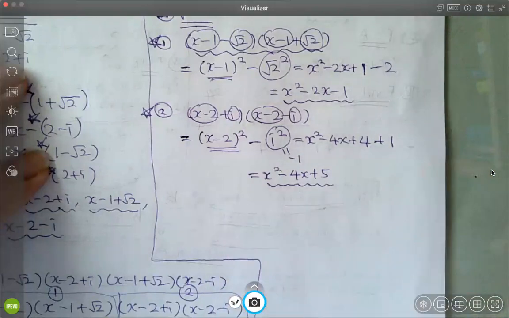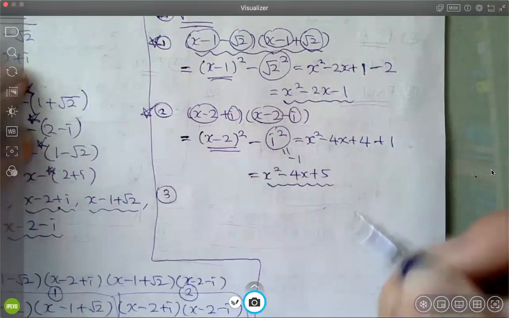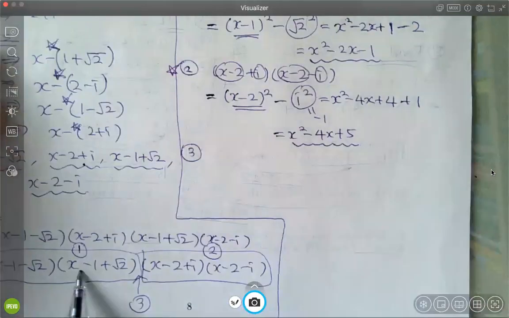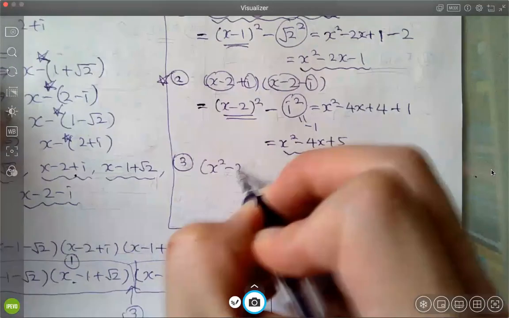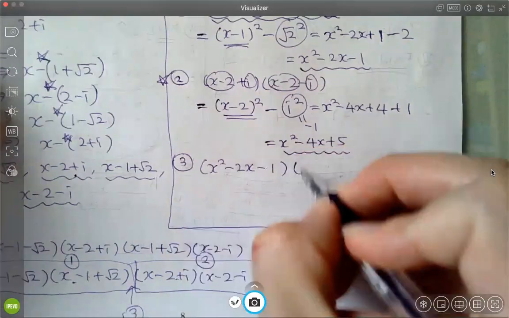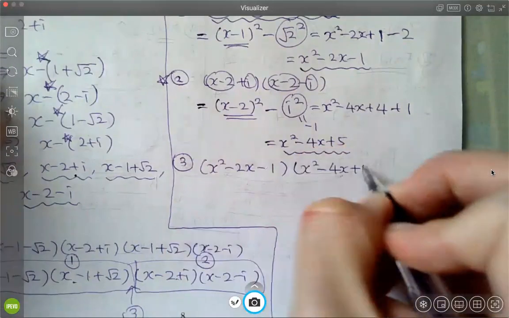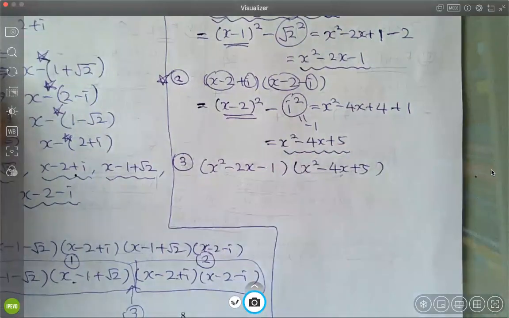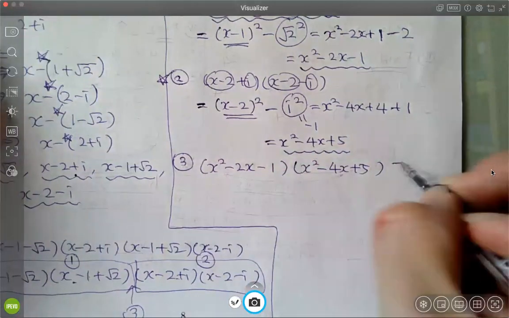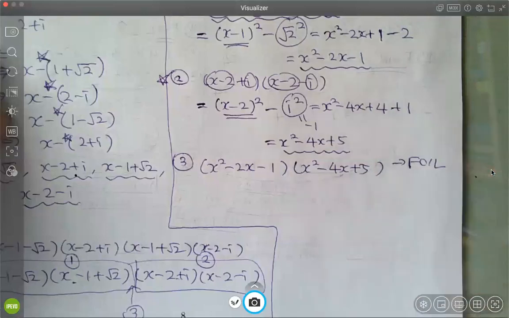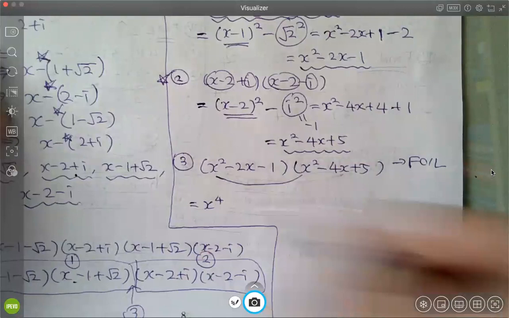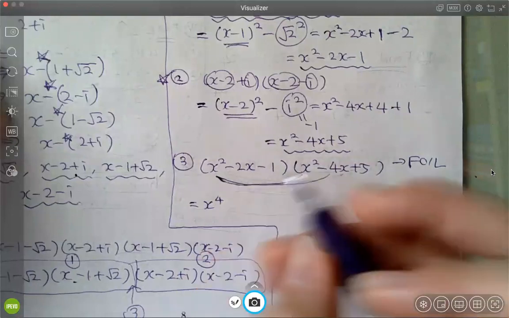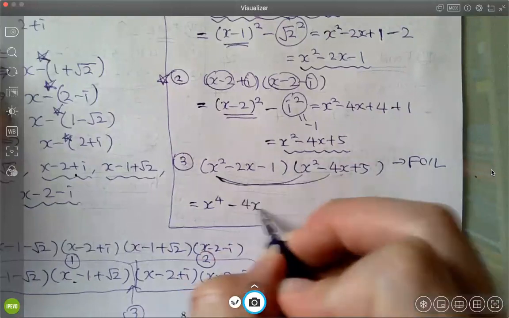Okay, now the last step is what? Multiply these two things and then FOIL once again, right? So we have x squared minus 2x minus 1, times x squared minus 4x plus 5. Now we just have to follow this, and we are almost there. First, it's this times this, and then these two, so it's minus 4x cubed, right?